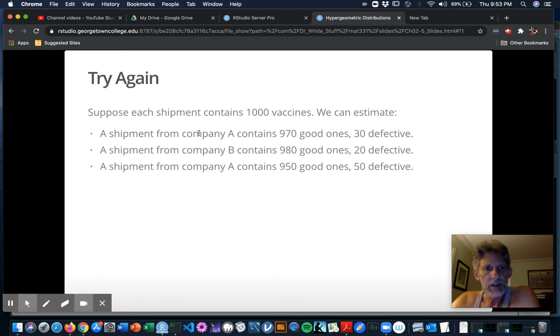A shipment from company A, where it's known that 3% are defective, we can guess would have 30 defective, because that's 3% of 1,000, and 970 good vials. A shipment from company B would have 20 defective and 980 good, and so on for company C: 50 defective, because 5% of 1,000 is 50.